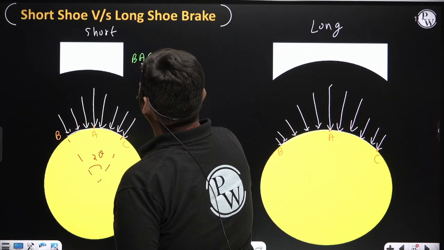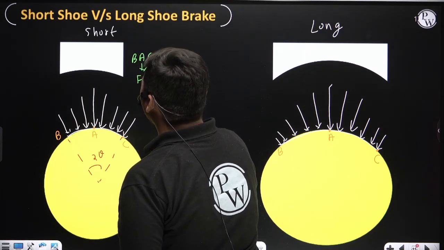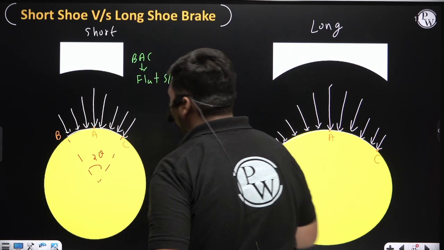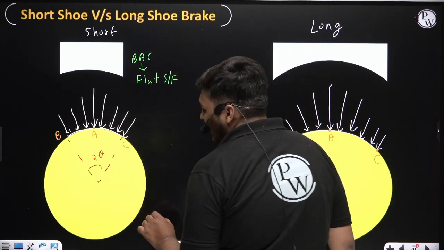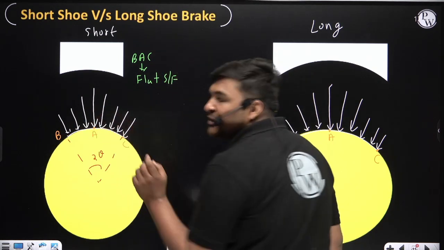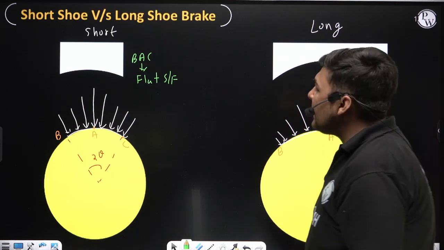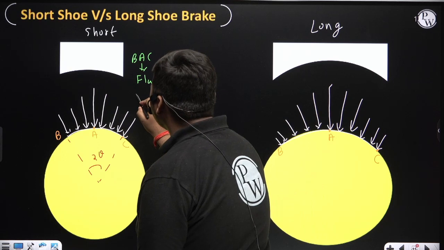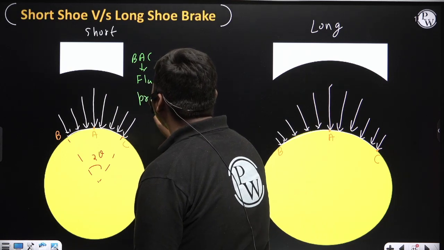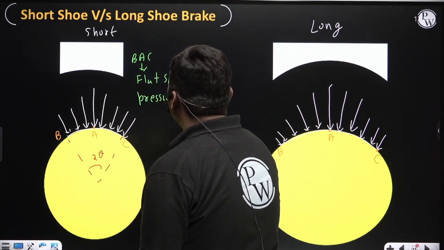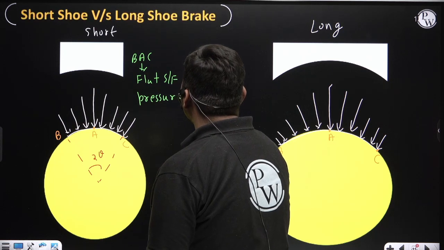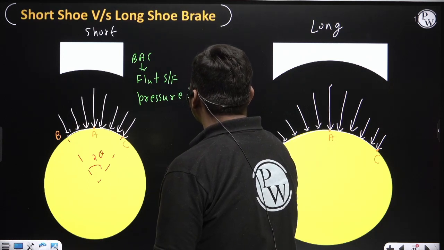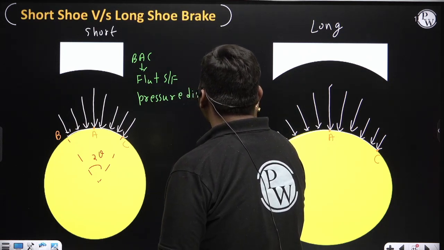Actually it is not flat, but for short shoe brake, because 2 theta is very less, it will be nearly flat. So we can assume this BAC surface as flat, and we can assume the pressure distribution is uniform. This I am discussing for short shoe brake.